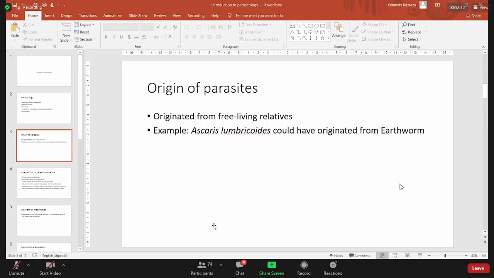And there is evidence that shows this. For example, when you look at the structure of the roundworm Ascaris lumbricoides, it has close resemblance to the earthworm, which is still free living, while Ascaris lumbricoides is parasitic.